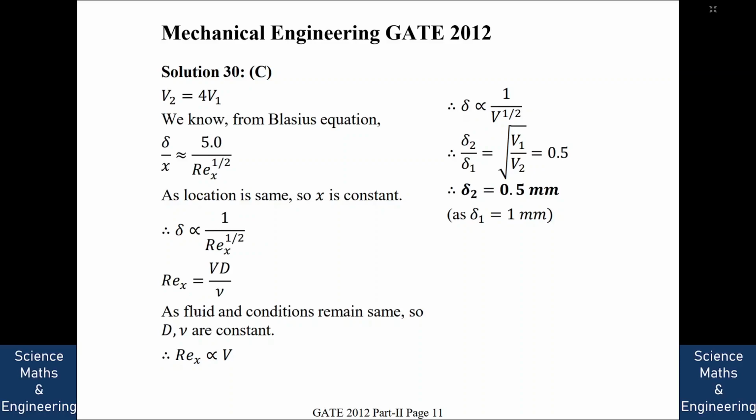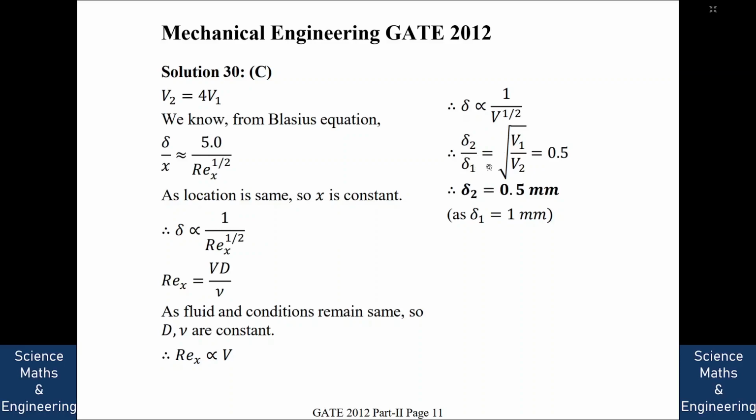Vd by nu. Now our fluid is constant, so nu is constant, and diameter is already constant, it is given. So we have Rex is directly proportional to only the velocity v. Therefore delta is inversely proportional to square root of v.